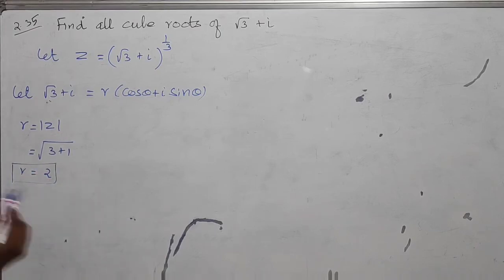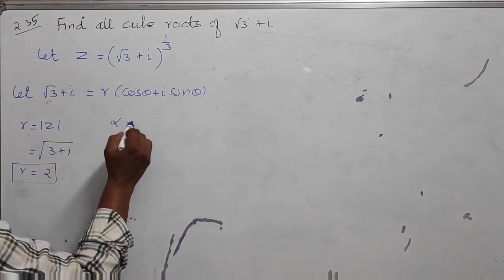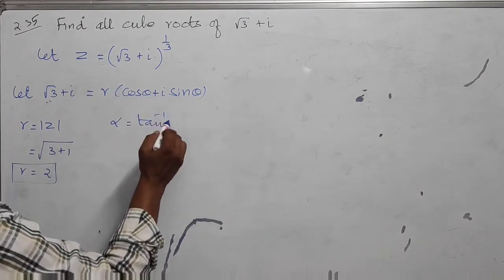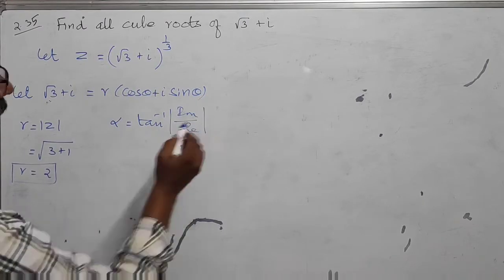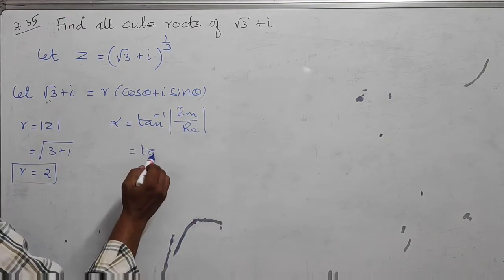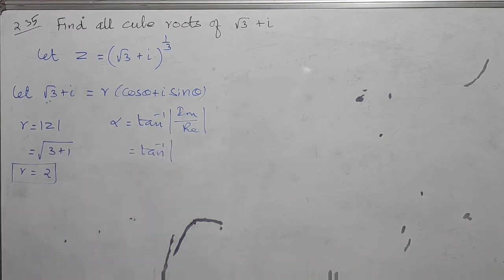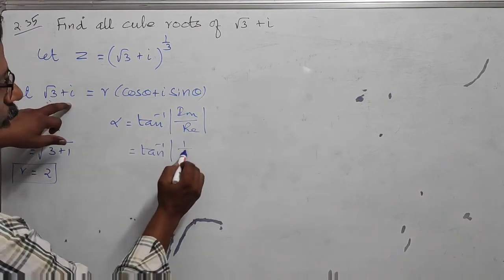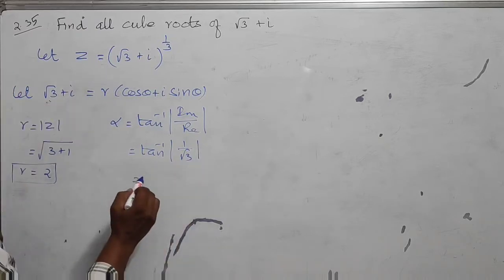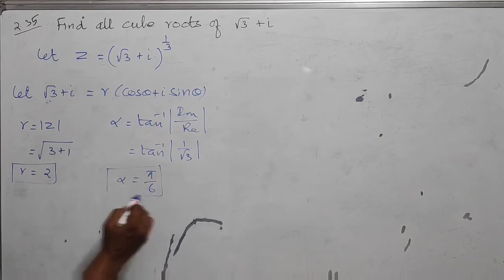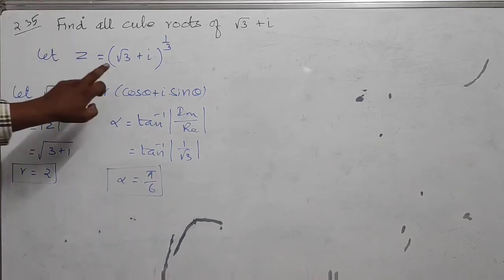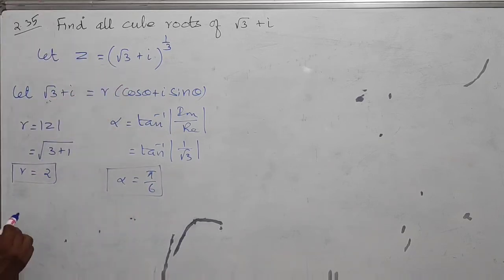Then we can find alpha. Therefore, alpha is equal to tan inverse of imaginary part by real part. Now equal to tan inverse of imaginary part 1 by root 3. Now tan inverse of 1 by root 3 is nothing but pi by 6. Alpha equal to pi by 6. Now this root 3 plus i means root 3 comma 1.